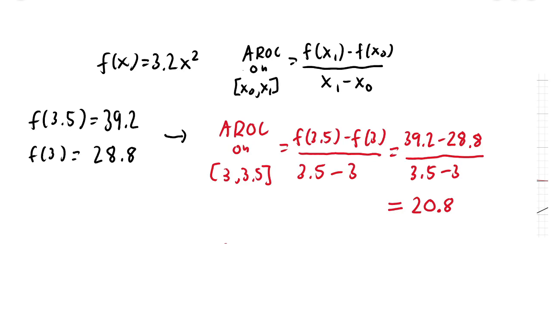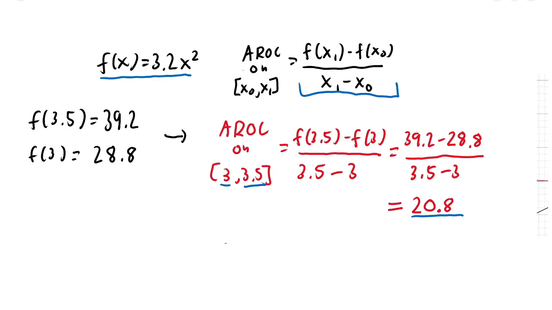So last time we saw that if we had a function f of x equals 3.2x squared, and I want to find the average rate of change, which was given by this formula here, between the points 3 and 3.5, we showed that that was 20.8.